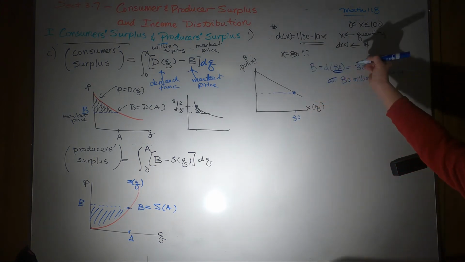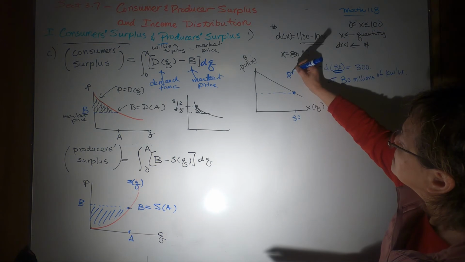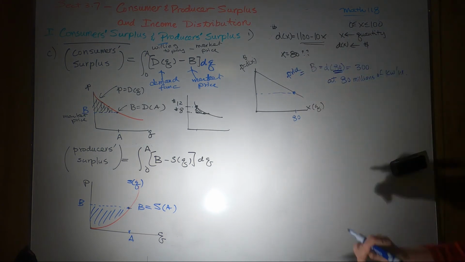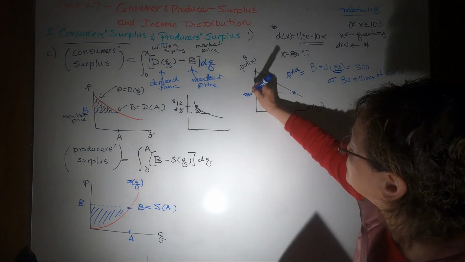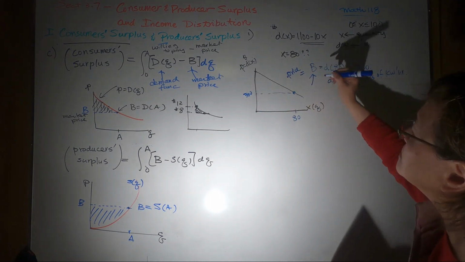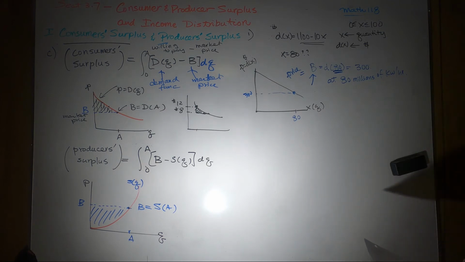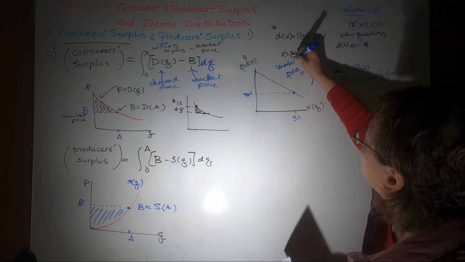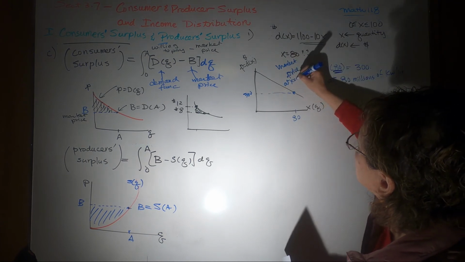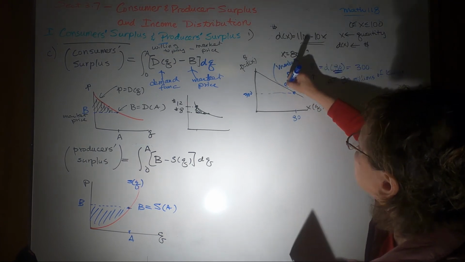At that quantity, the price is 300. Okay, so 300 means what? Your market price. So this one is what? Market price at this point of time.